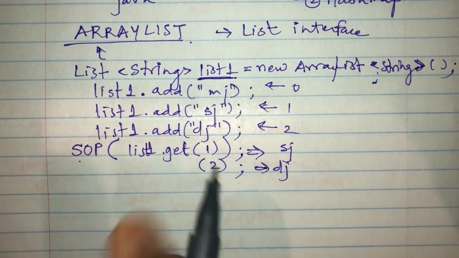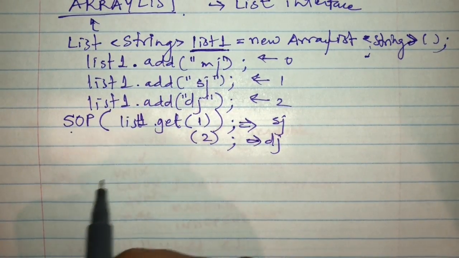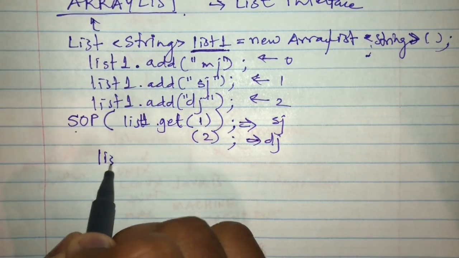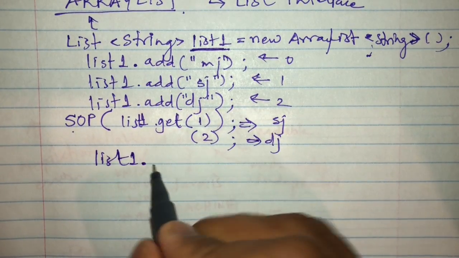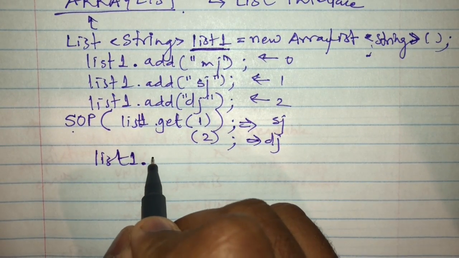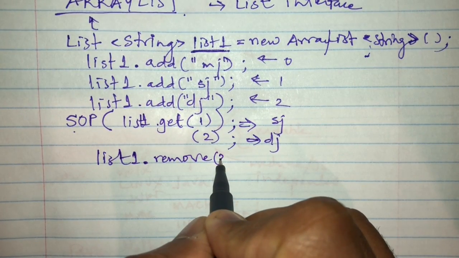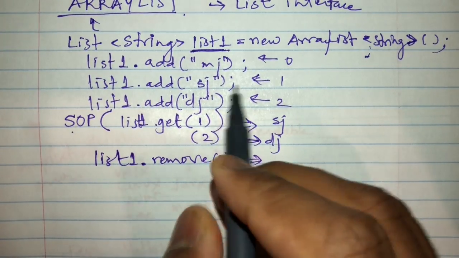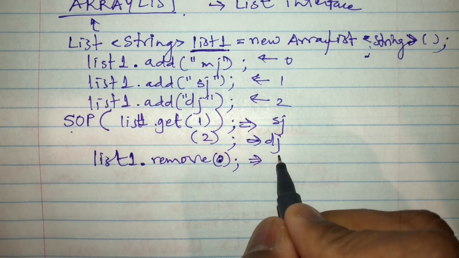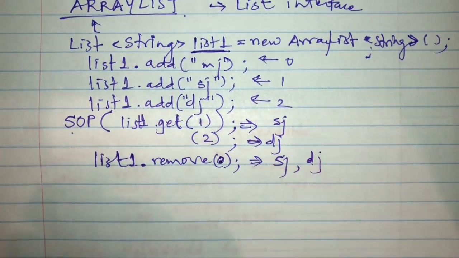And like you have add, you have a delete or remove command too. So if I'm not wrong, and I'm drawing a blank here, I think it's remove. If you do remove of 0, then it will remove the MJ element from the list, and your list will have only 2 elements, which will be SJ and DJ.